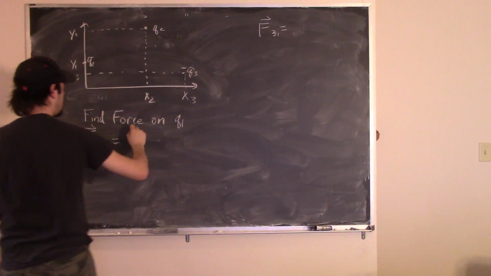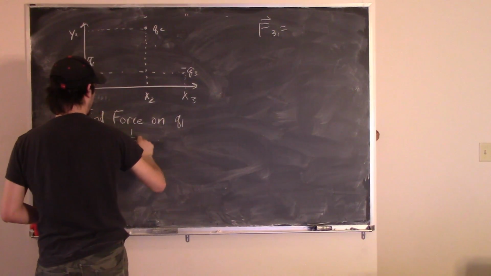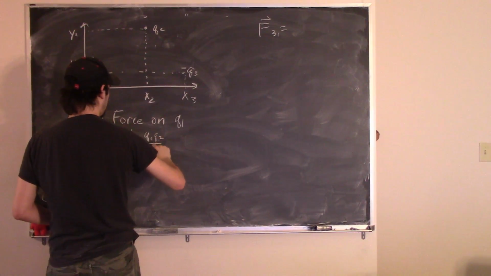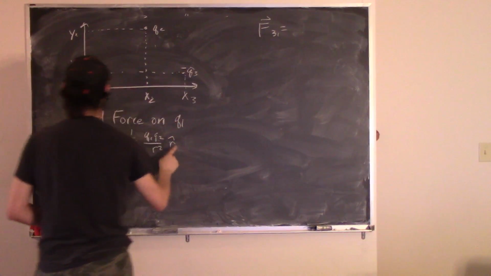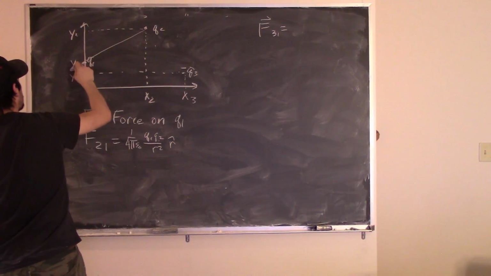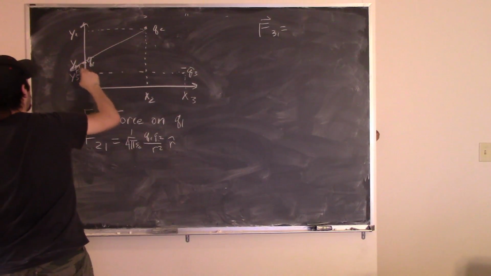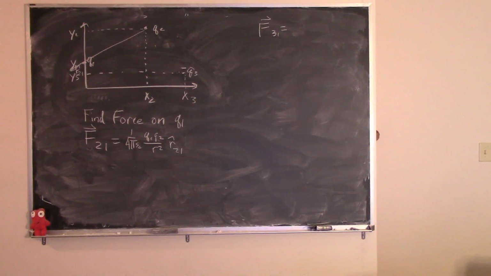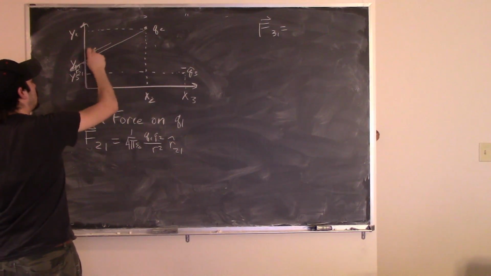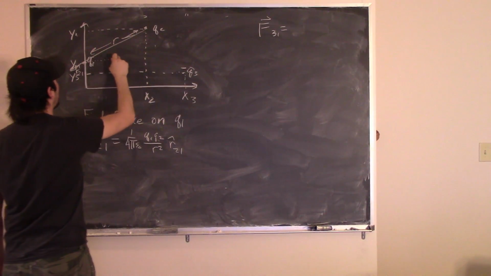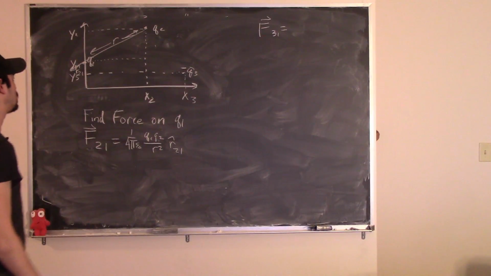So this is just going to be 1 over 4 pi epsilon naught Q1 Q2 divided by r squared times the unit vector that points from Q2 to Q1. So this is going to be r hat 2,1. Okay. So the first thing that we can do is figure out what this distance is. This distance here we can determine by adding another little piece to this triangle here.